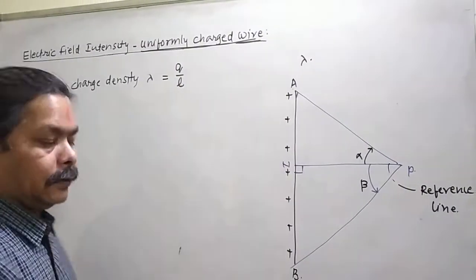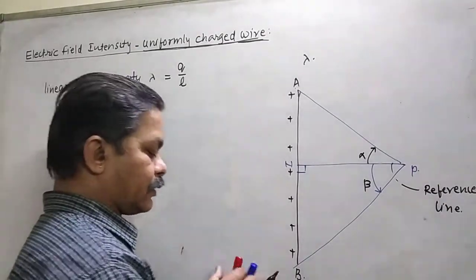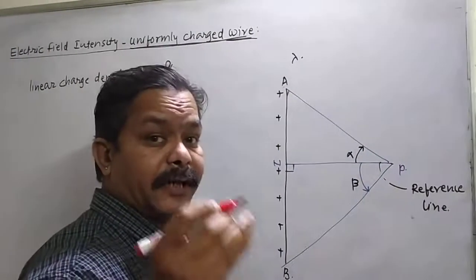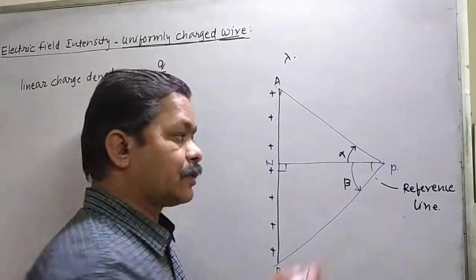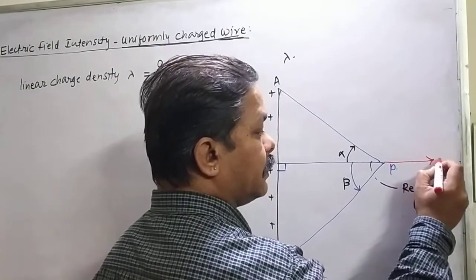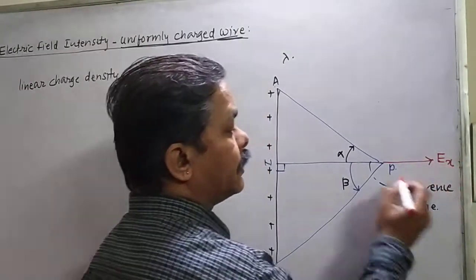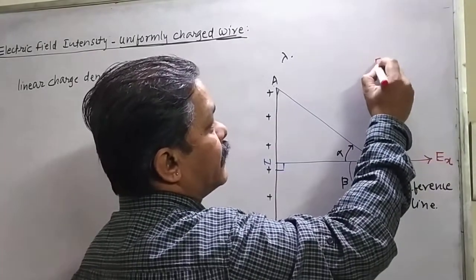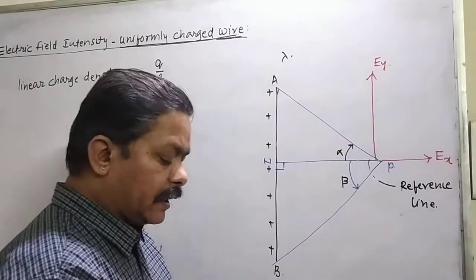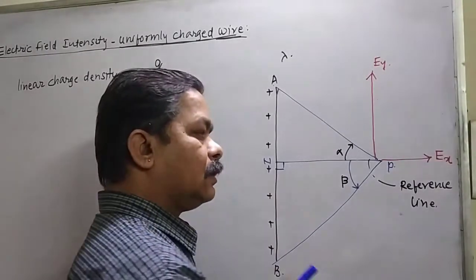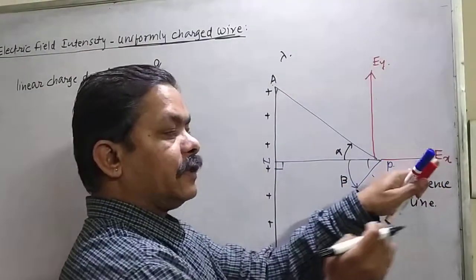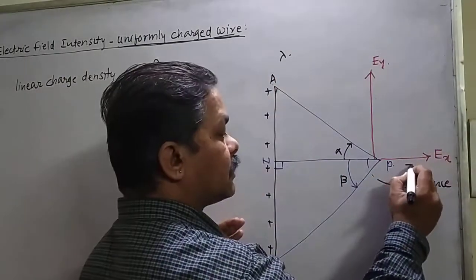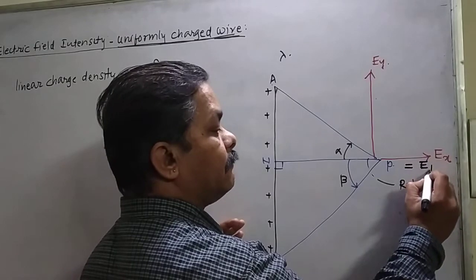So the electric field due to this wire at P, the net electric field, will have two components. One is the EX component, and the other we name EY. Because the component EX is perpendicular to the line AB, it is also written as E perpendicular.